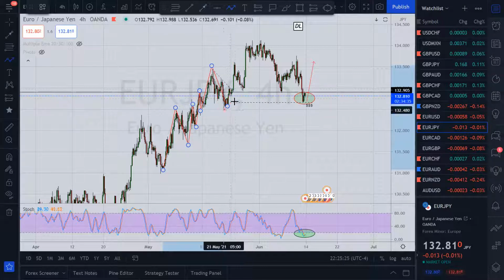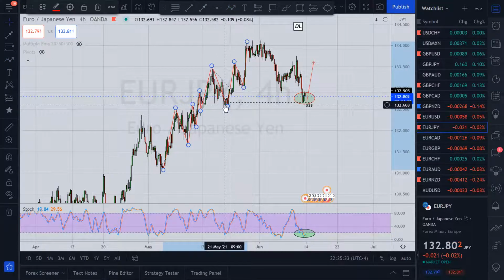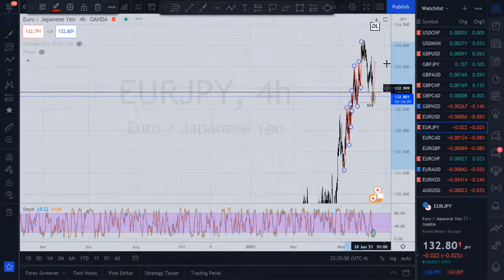Well, it's this one right here, because it created this higher low, this higher high. I'm looking at this one primarily because it was hit twice here, and that indicates a pretty strong level. This one is key.